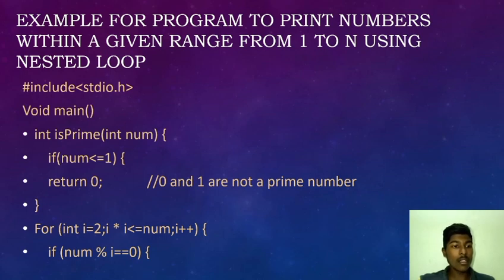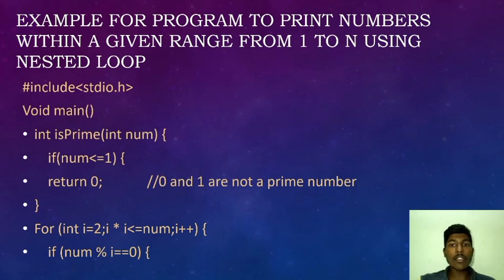Next, int is_prime(int num). Now we are finding the prime number, so we are giving the function as is_prime with integer and int num. Open brace, if num less than or equal to 1.